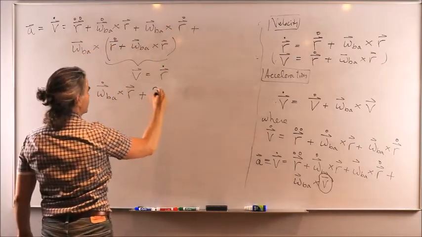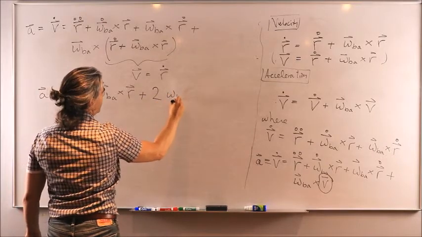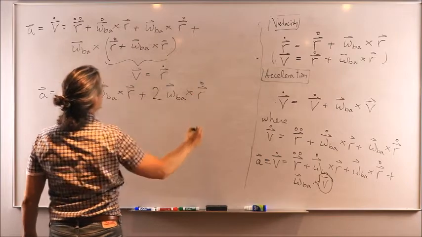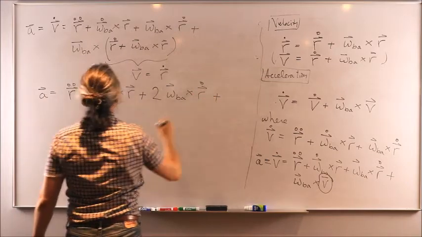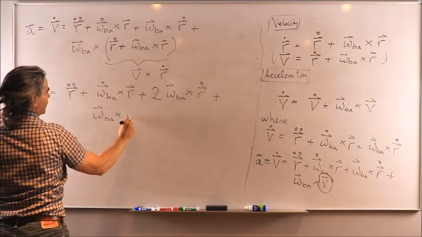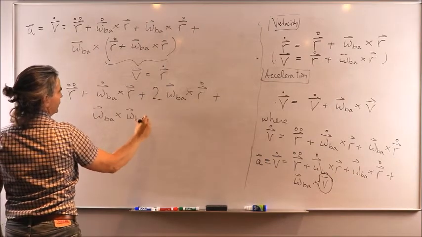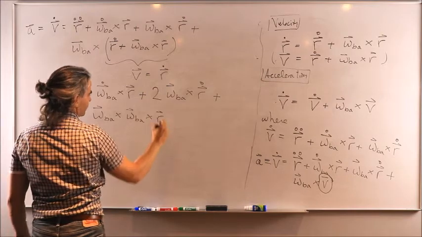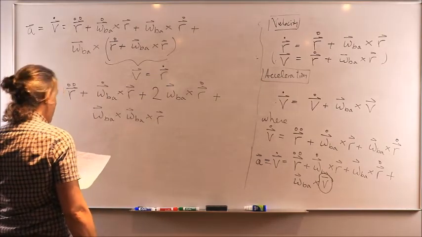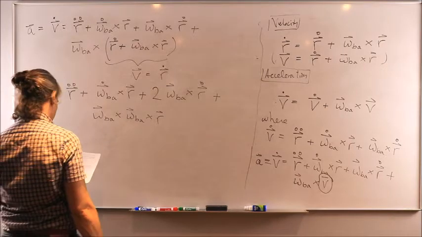I'm going to say plus 2 times omega BA cross product r hollow, plus omega BA cross product omega BA cross product position vector. Do I have all the terms here?